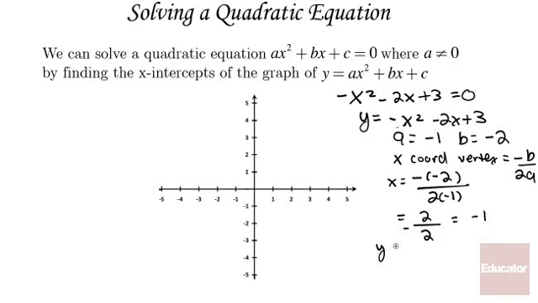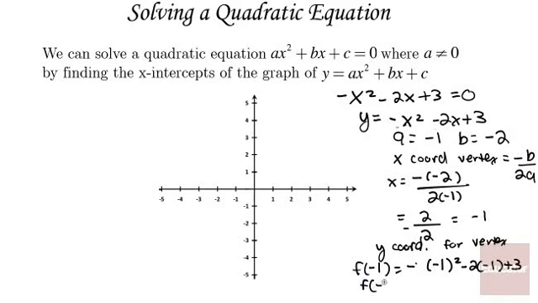Now, to find the y coordinate for the vertex, I'm going to find f of negative 1. That's going to equal the y coordinate for the vertex. So looking up here at the function, this is going to equal negative negative 1 squared minus 2 times negative 1 plus 3. Negative 1 is the x value.